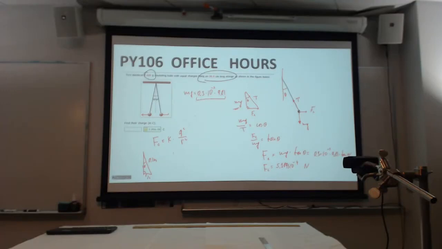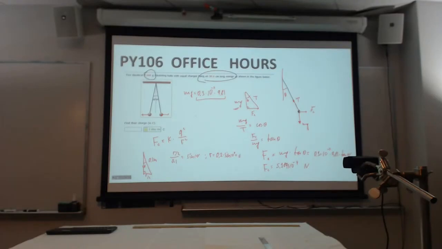So R over 2 over 0.1 should be equal to the sine of this angle, and the distance is supposed to be 0.2 times sine of 10 degrees.